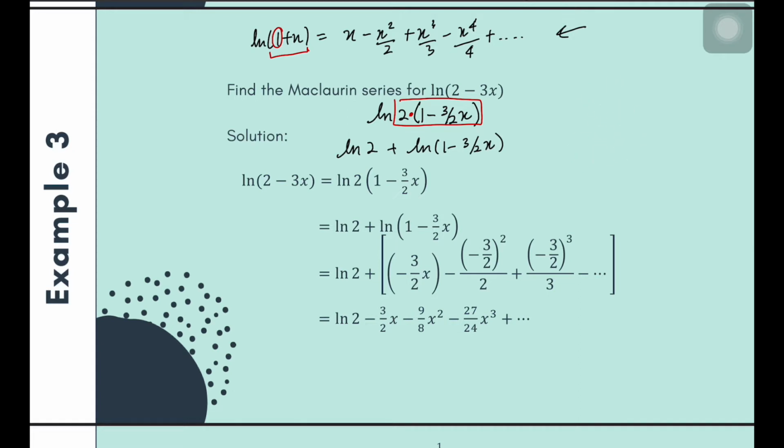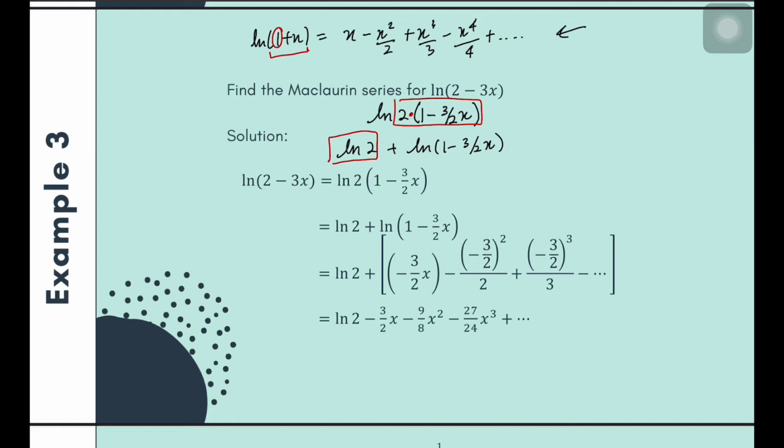For your information, we are approximating or expanding this function so that we can find the value of the function. For ln 2, you can directly press the calculator, so there is no need to find an expansion, because ln 2 is just a number.